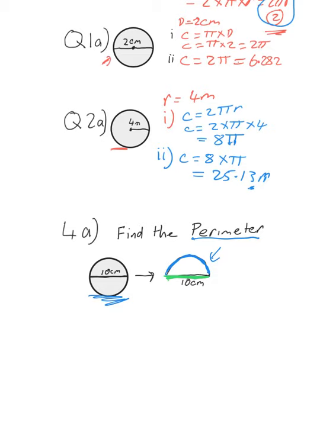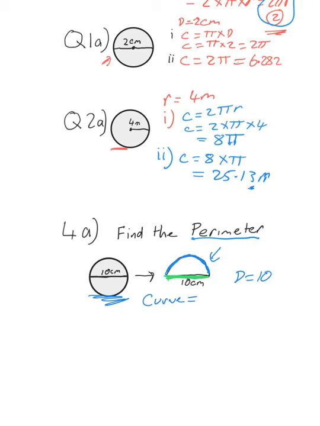Let's look at the curved part again. The curve: we have a diameter, D equals 10, so we use the first formula.